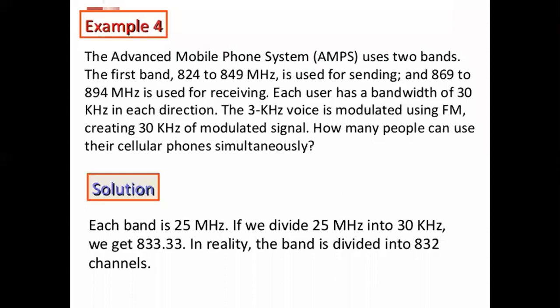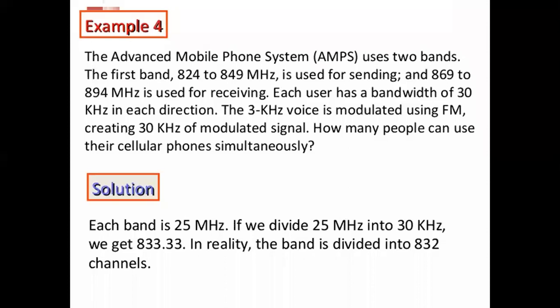Once again, see that problem. The advanced mobile phone system uses 2 bands. The first band is 424 to 849 megahertz, used for sending, and 869 to 894 megahertz is used for receiving.